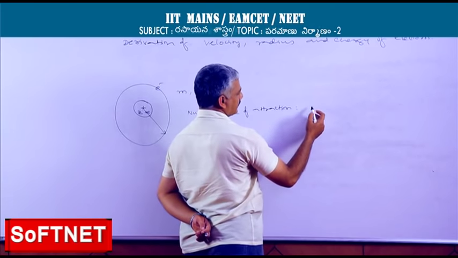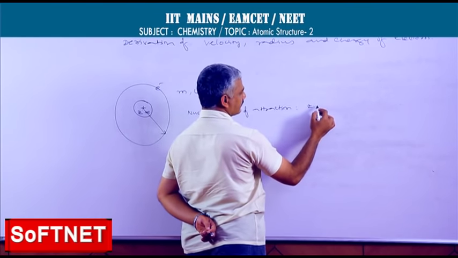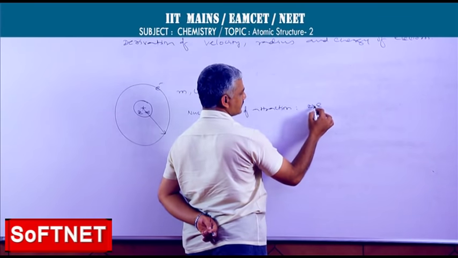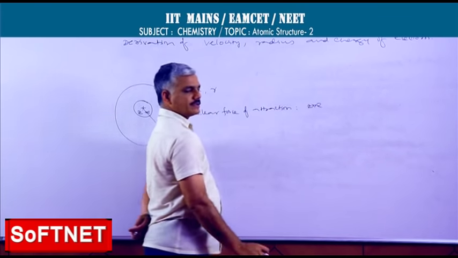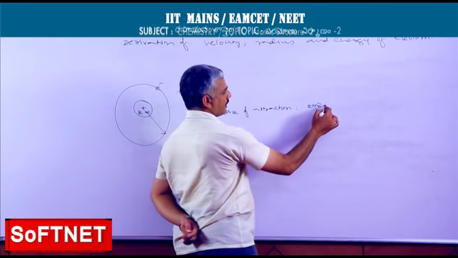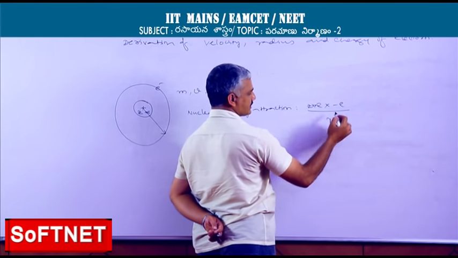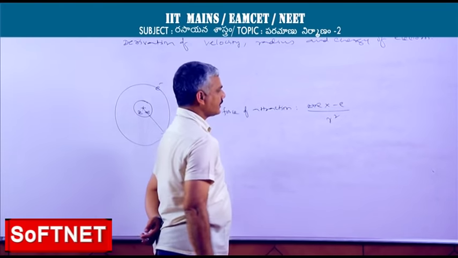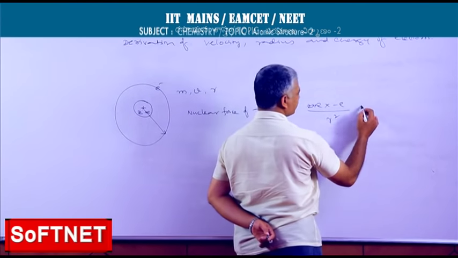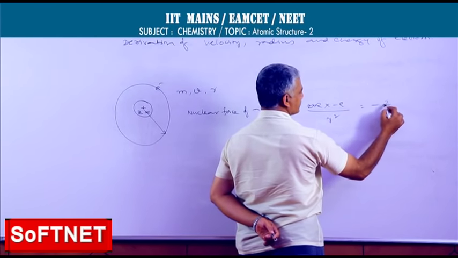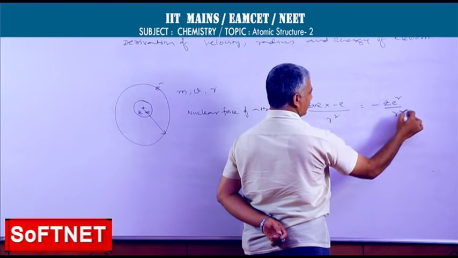In place of Q1 we can take the charge of nucleus, which is Z into plus E, and charge on electron can be taken as minus E, distance R, so R square. So this comes out to minus Z E square by R square.